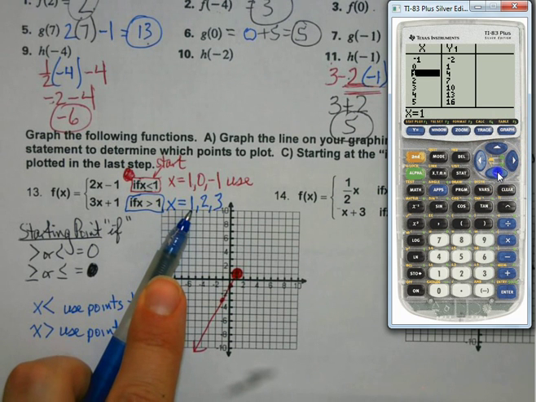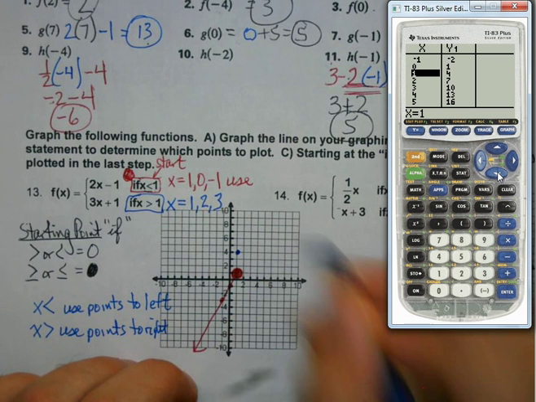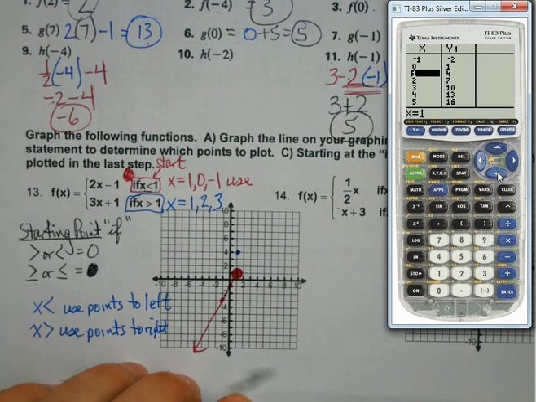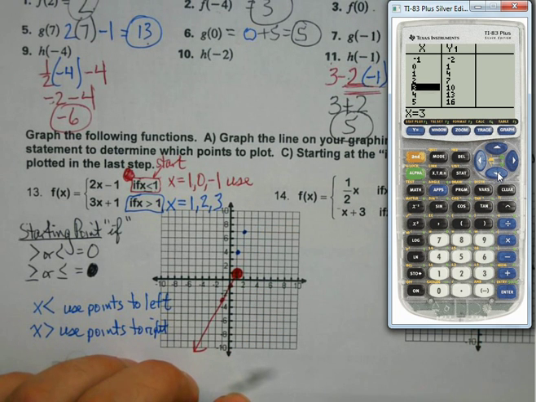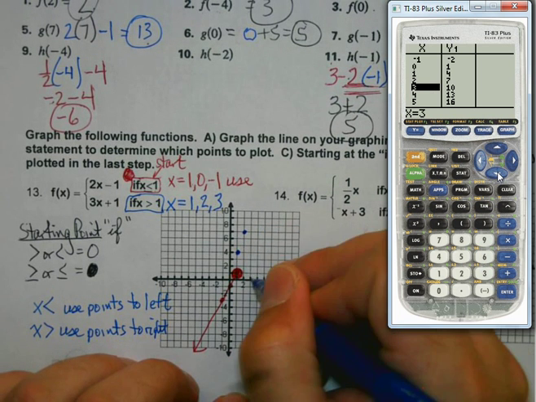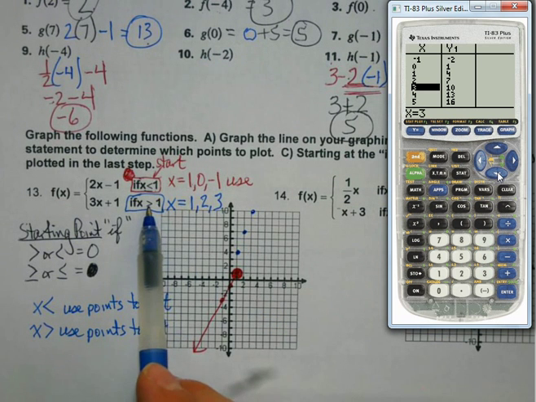So let's see. When x is 1, y is 4, little dot. When x is 2, y is 7. And when x is 3, y is 10. So I get my 3 dots. And again, greater than, my dots are going to the right.